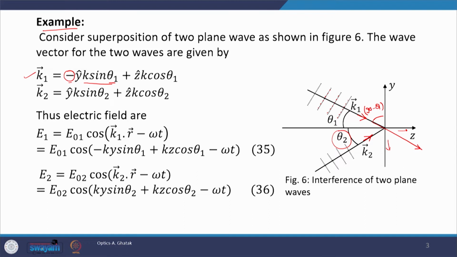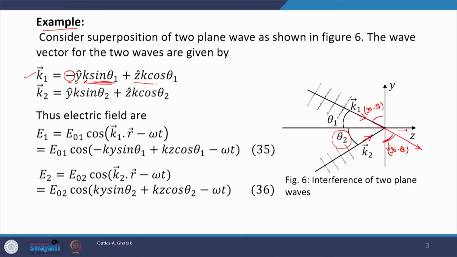And since we are now finding the component of the wave vector along y axis, this angle would be of importance, and this is our 90 minus theta 1. Therefore, cosine of 90 minus theta 1 would be sin theta 1. Therefore, we have sin theta 1 here, k is the magnitude of the wave vector and y cap is the unit vector, and minus sign represents that y is in opposite direction.